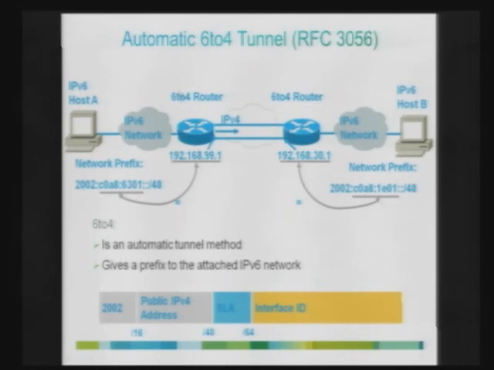The 6to4 router on the local side, closer to host A, which is the border router interconnecting the V6 to the V4 network, receives the packet and looks at the destination address. Because of the 2002 prefix, it will identify that it is a 6to4 address, and then it will look into the next 32 bits to extract the destination IPv4 address.